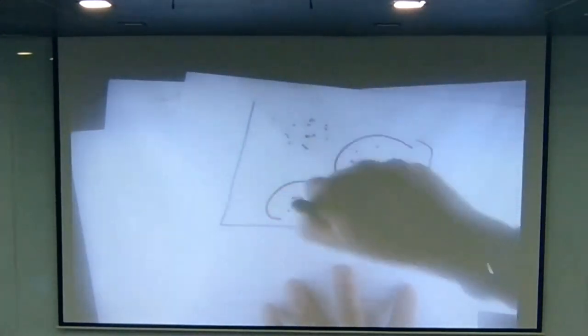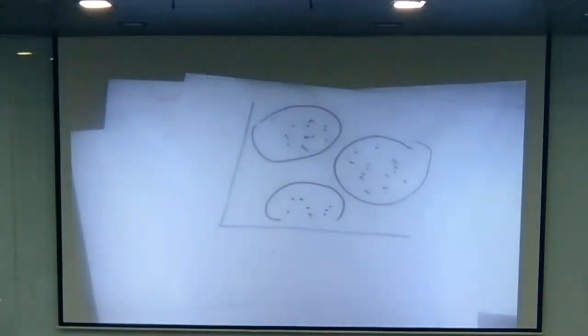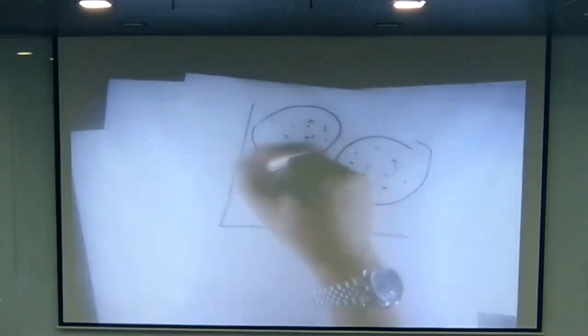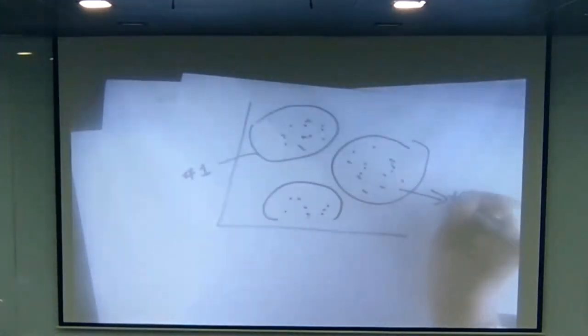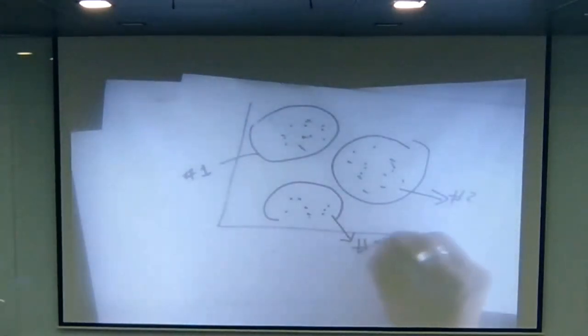In which case the cluster itself is the name of the game. You don't have anything else. So what you would like to do is somehow create a clustering assignment so that you say this is cluster number 1. You're not saying cat or dog because you don't know what it is. There's absolutely no label. And this is number 2. And this is number 3.